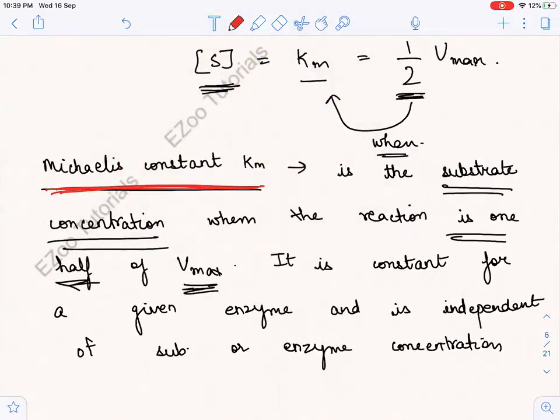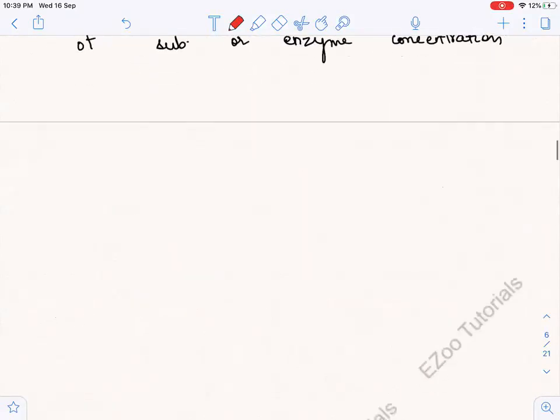So what is this basically saying? It is basically showing the affinity of the substrate.